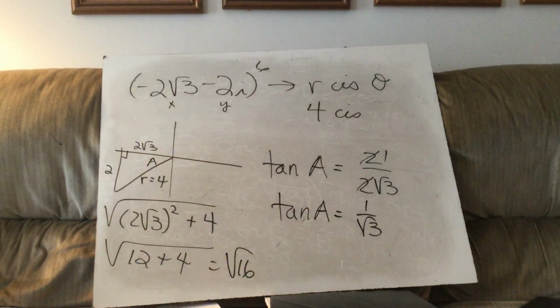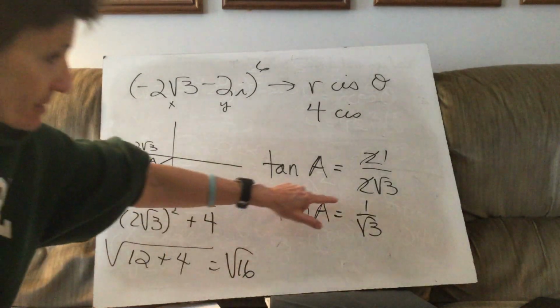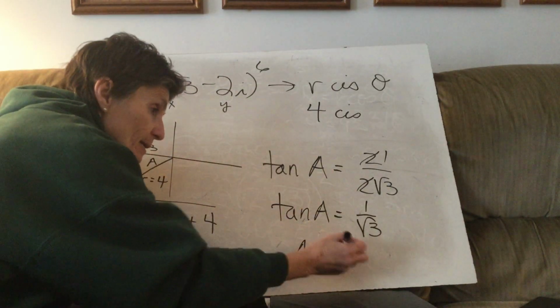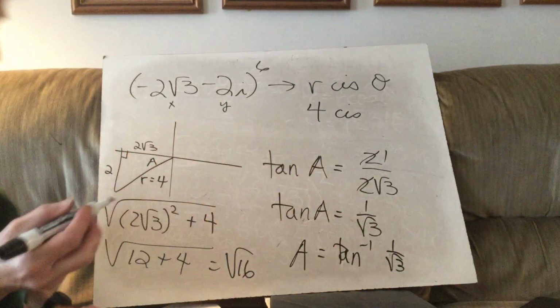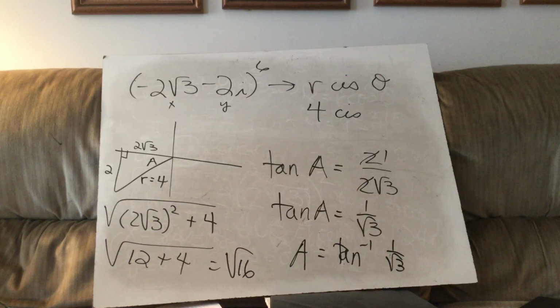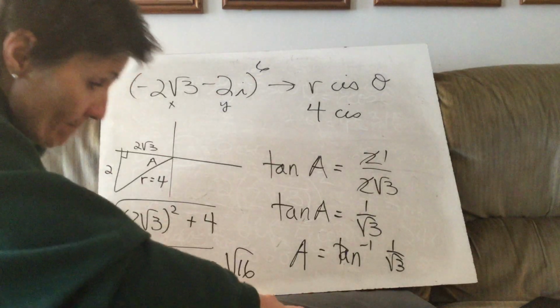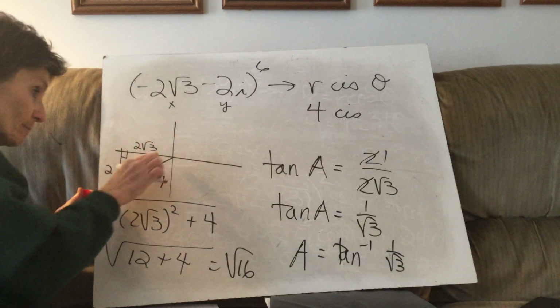Just take those 2's and cancel them out. 2 over 2 root 3 is the same as 1 over root 3. And then when you type it in, it'll be second tangent of 1 over root 3, and that's a 30-degree angle. So this little guy here is a 30-degree angle.